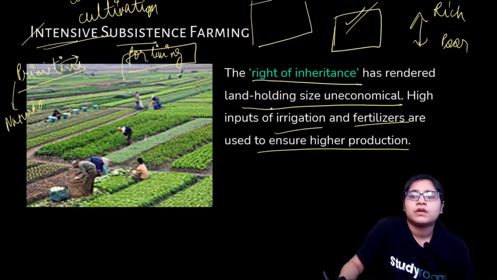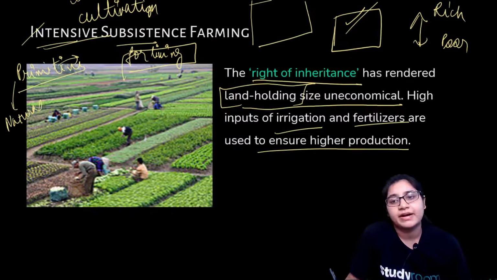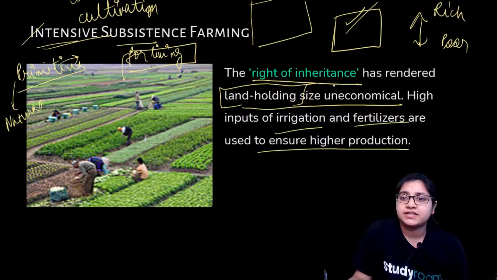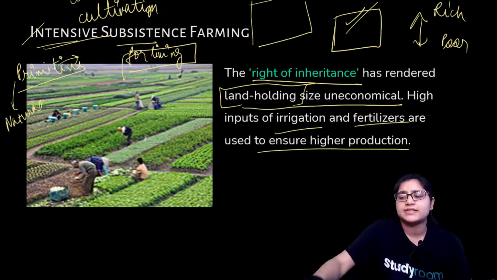So there is land holding, which is a matter of concern here, and this can only be practiced by people who are middle class or above, or rich people, but not the poor people. That is a problem because land holding size has created a ruckus in the agricultural system.